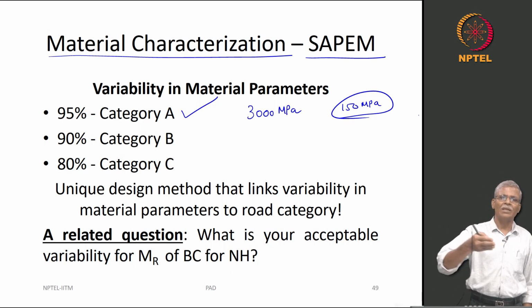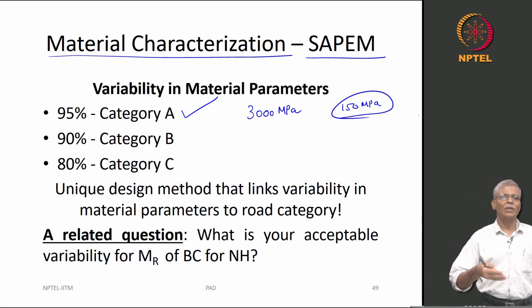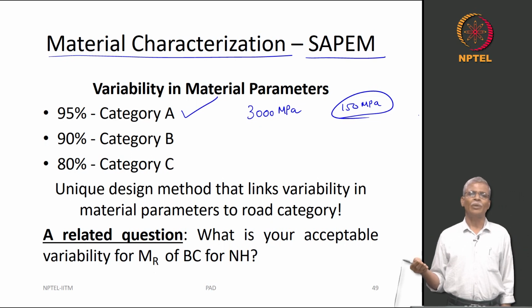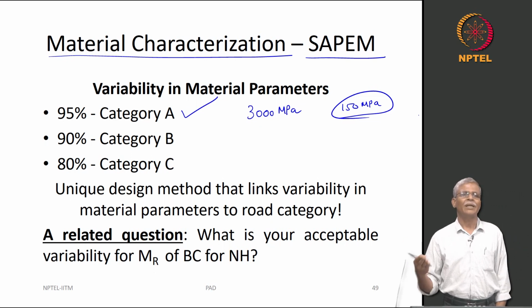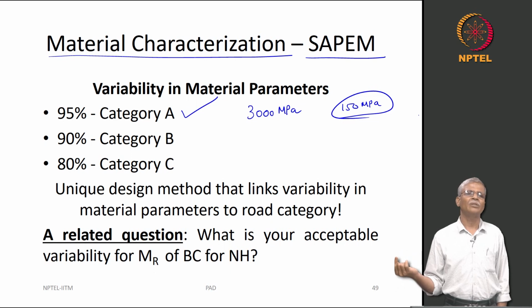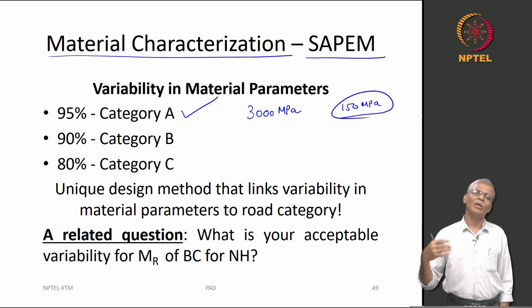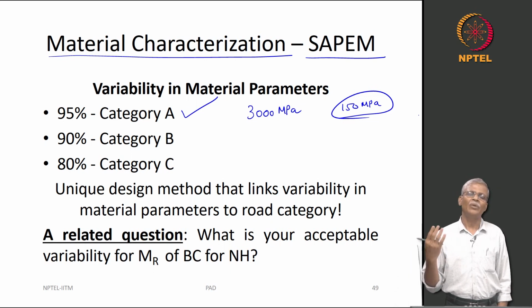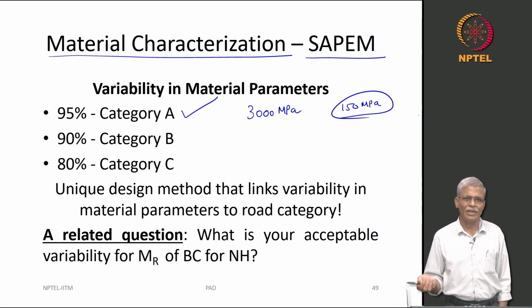The mix design and the structural design have to be interconnected. You cannot do a mix design and then take it to the site and lay the pavement, and the structural design cannot be done for a modulus value for which we may not necessarily have the mix in our hand.